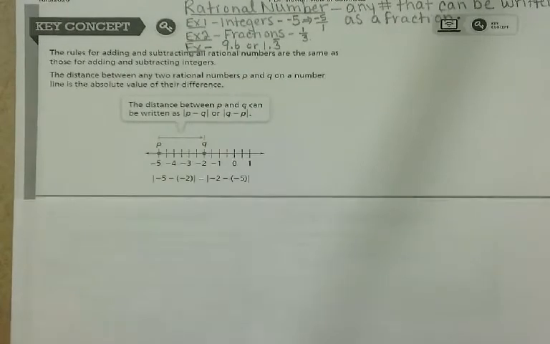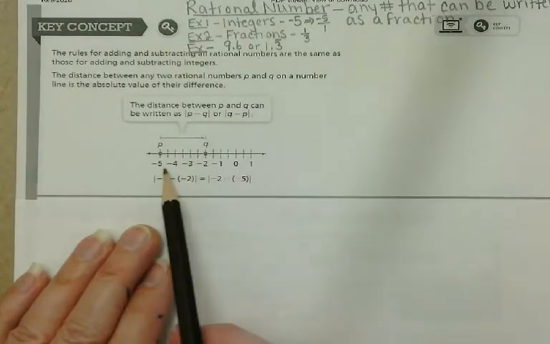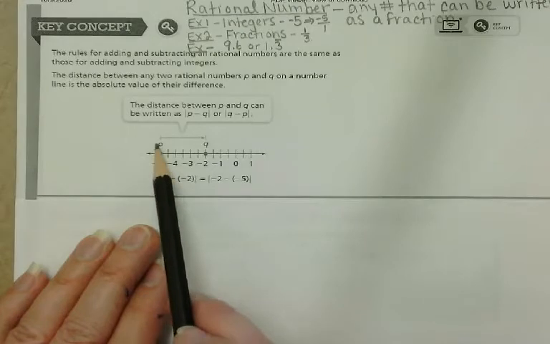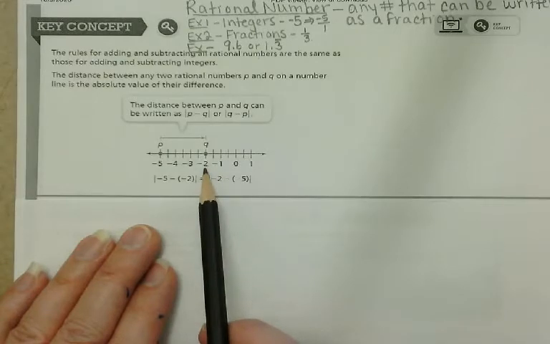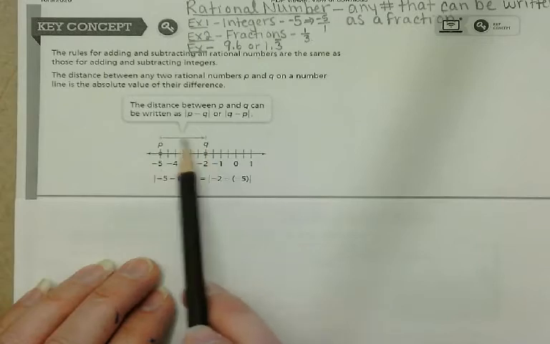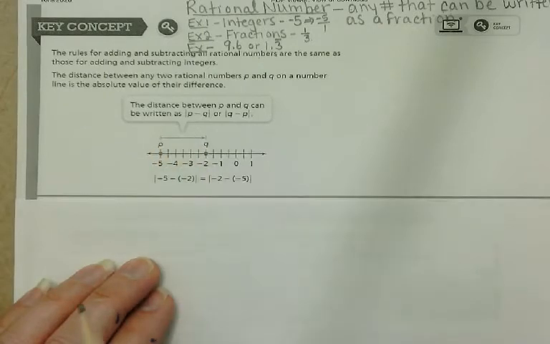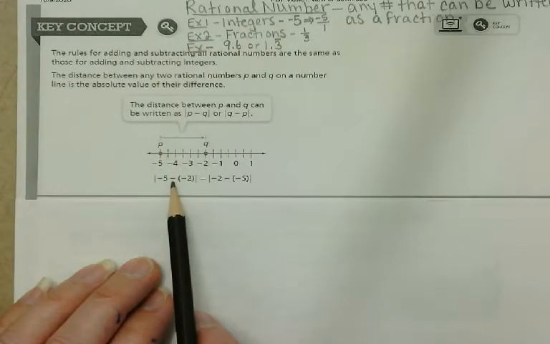So in this example here with the number line, they're giving you some number P, which is at the value -5, some number Q, which is the value -2. If you want to know the distance between those two numbers, you are going to subtract.